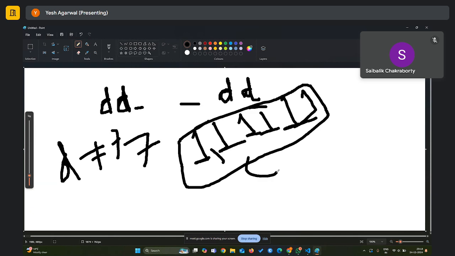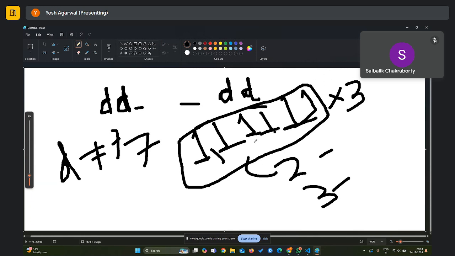Of course, if 1 is divisible by 7, in that case 2 will also be divisible, and 3 will also be divisible, because you can just write it as this times 2 or this times 3, like this.